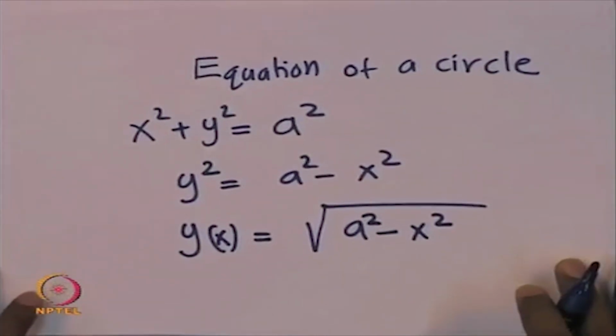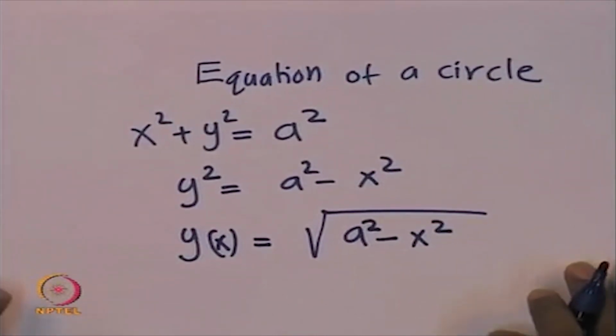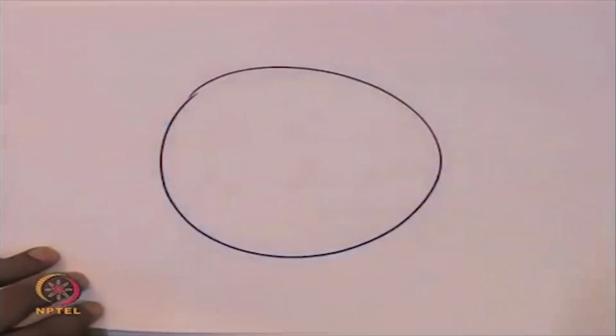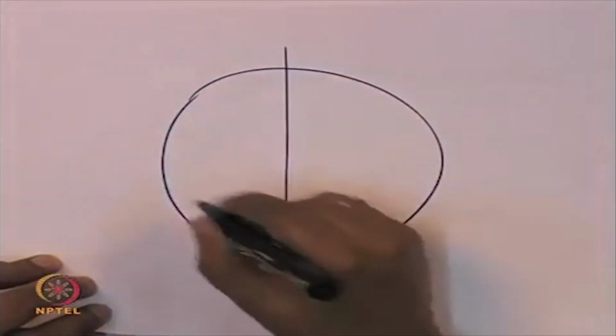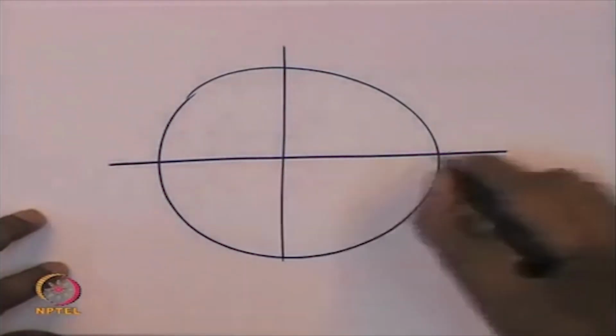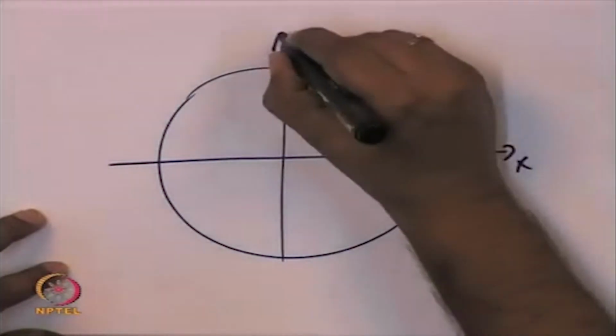Now let us take a small section. Let us think of the circle, like I did not draw it very nicely, but this is our x axis and this is our y axis.